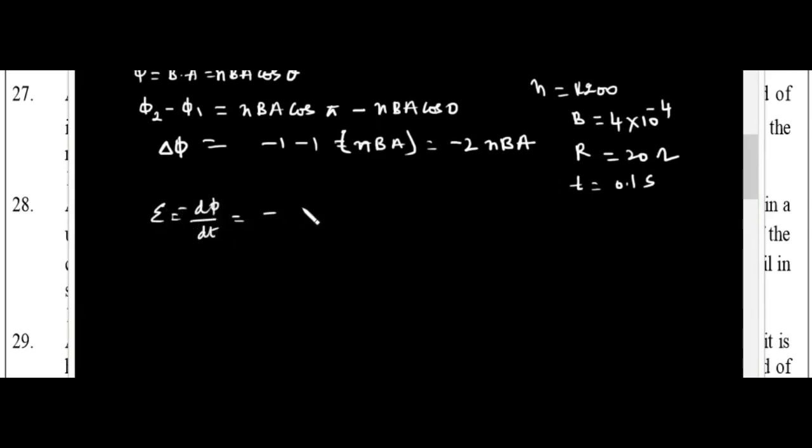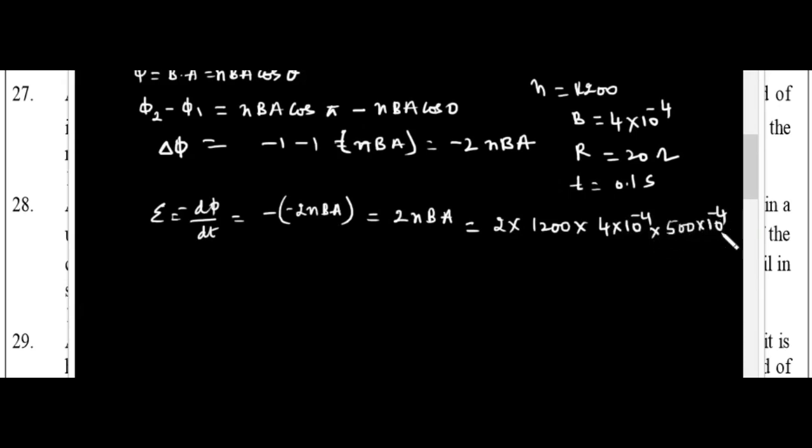So minus of minus 2 NBA is equal to 2 NBA. Let's substitute the values. 2 into N value is 1200, B value is 4 × 10 power minus 4, and area is 500 centimeters square, so 10 power minus 4.